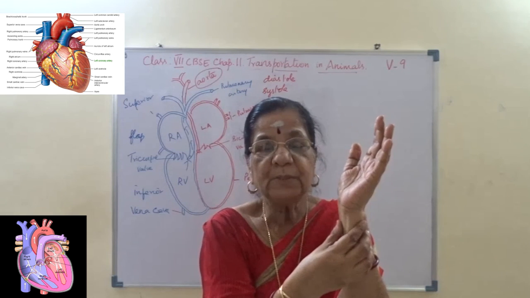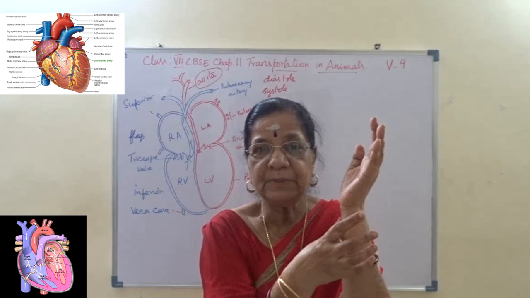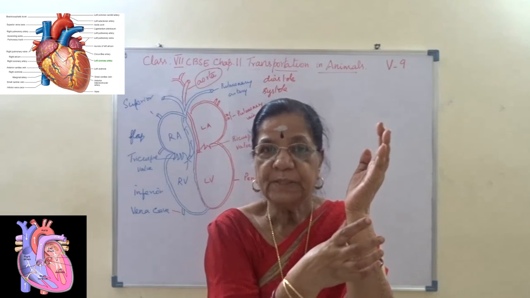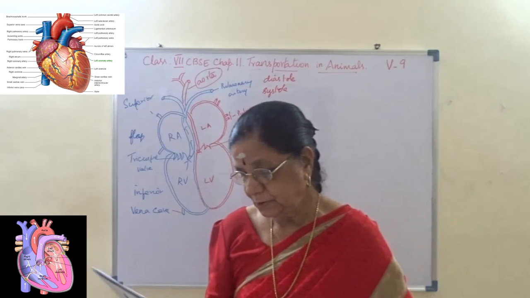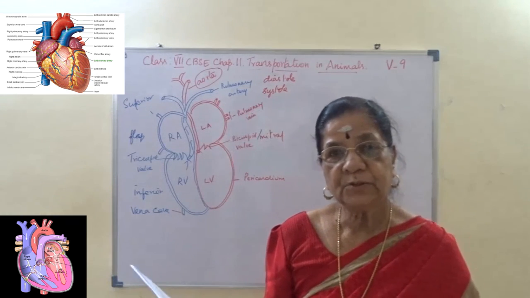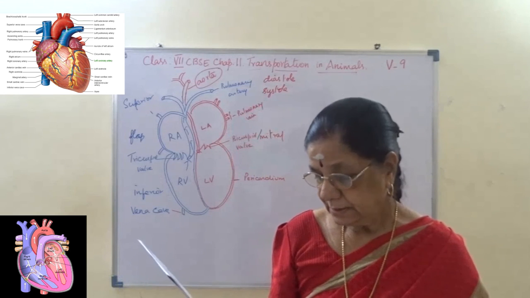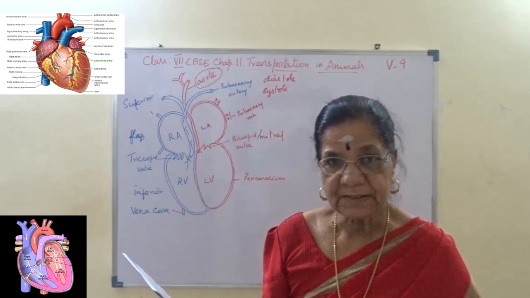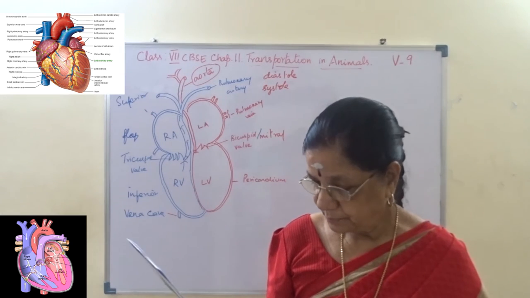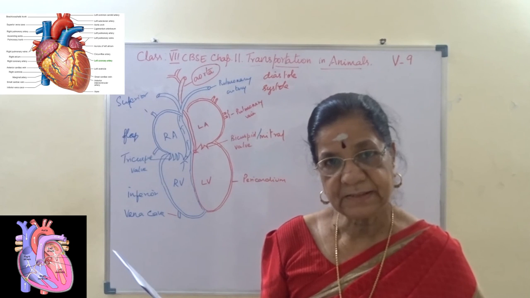That is the circulation of the blood, called the throbbing movement. The number of beats per minute is called pulse rate.